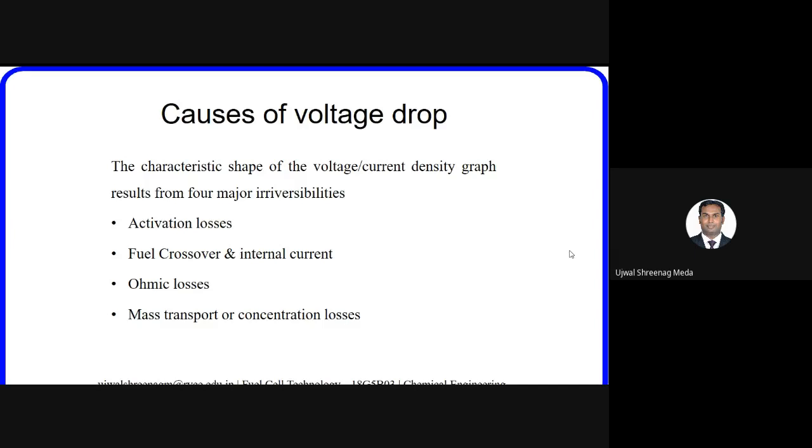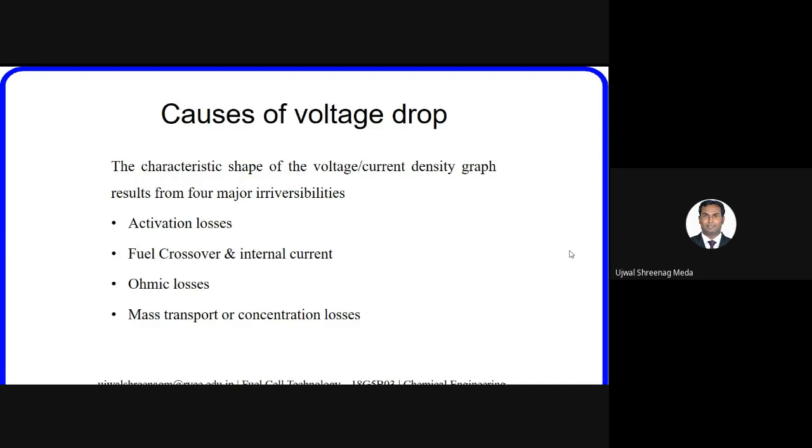So the third type is ohmic losses. Very straightforward irreversibility or loss, which is the resistance offered by the material for the flow of electrons. So components such as electrodes and the external circuit that connects the anode with cathode will offer some resistance for the flow of electrons.